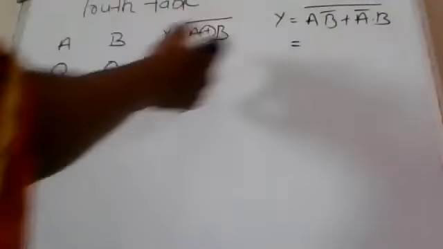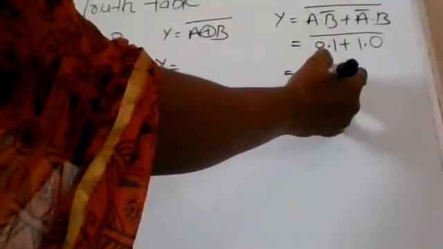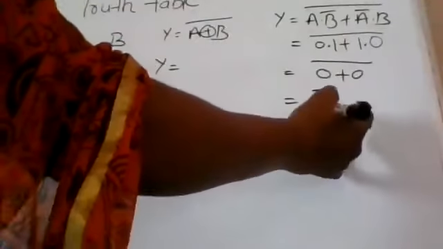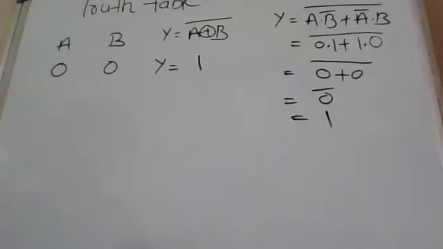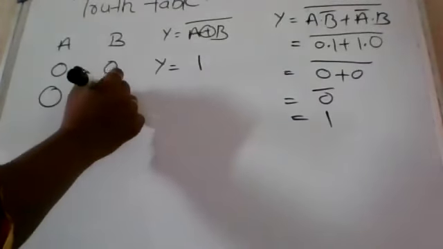What is A dot B complement? A is 0, 0 dot B complement, which is 1, plus A complement 1 and B 0, whole complement. So 0 dot 1 plus 1 dot 0 is 0 plus 0, complement 1. So here the output is 1.